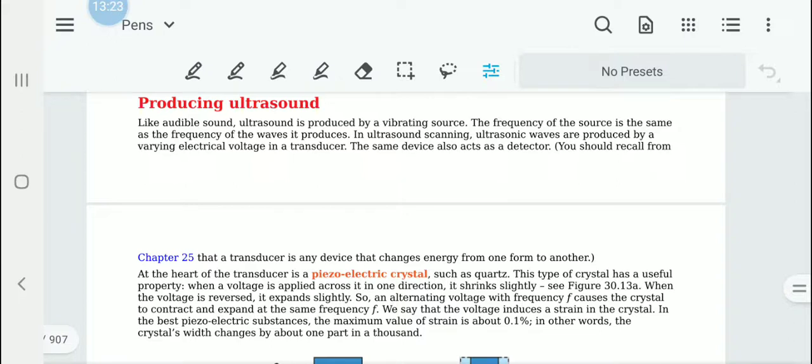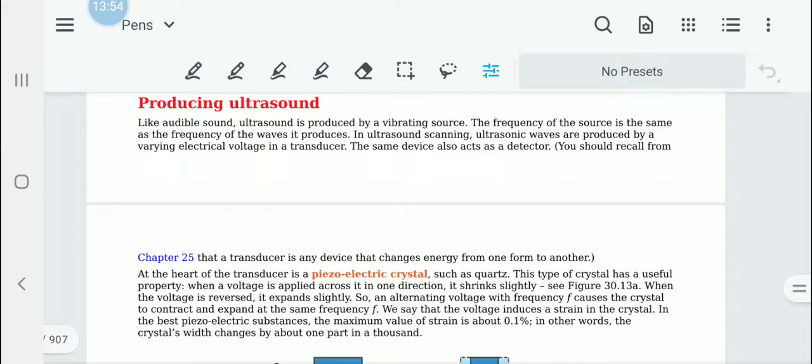So ultrasound is also produced by vibrating a source, like audible sound. The frequency of the source should be the same as the frequency of the wave that it produces. Ultrasonic waves are produced by a varying electrical voltage in a transducer. The same device will act as a detector.